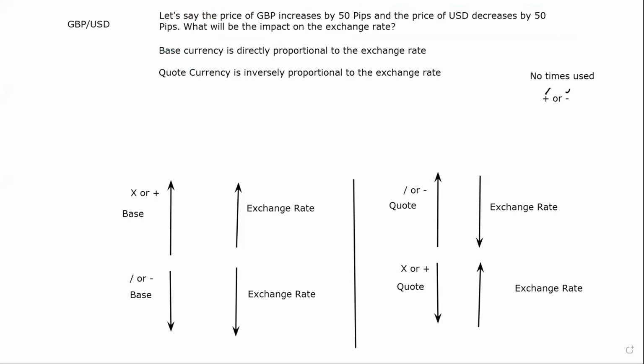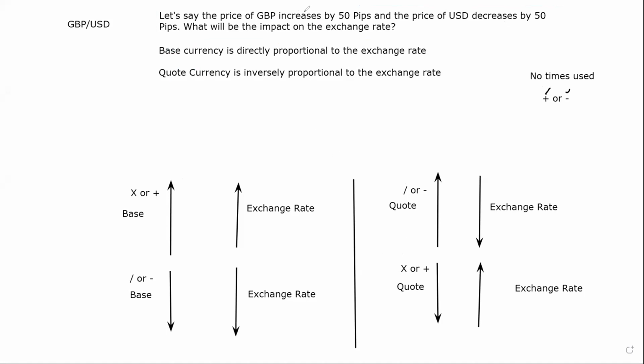We have a GBP USD exchange rate. GBP is the base currency and USD is the quote currency. There is no times used, so we will use only plus and minus operations. We will not use multiply or division.